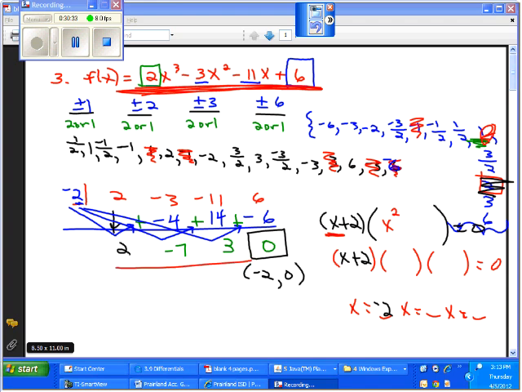The result goes from an x to the third to an x to the second to an x to a constant. And so what we have in here is 2x squared minus 7x plus 3 equals 0.